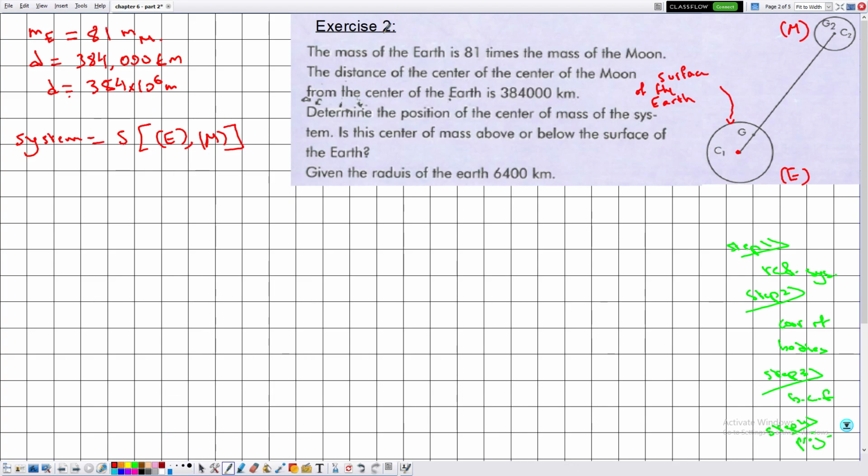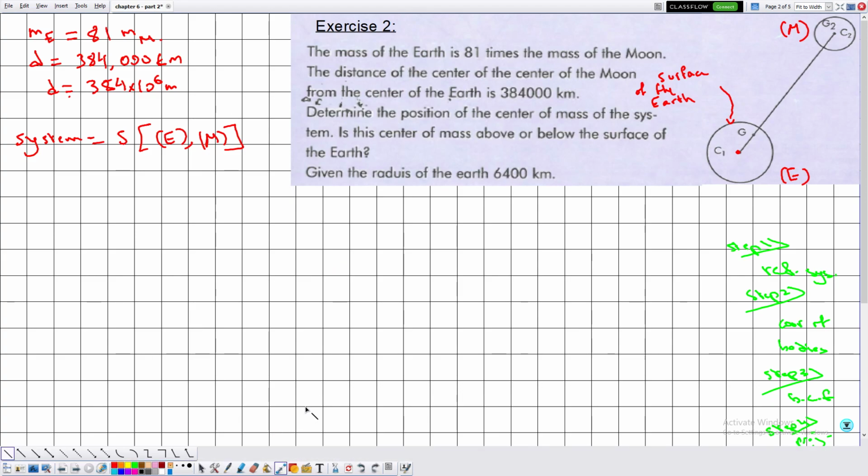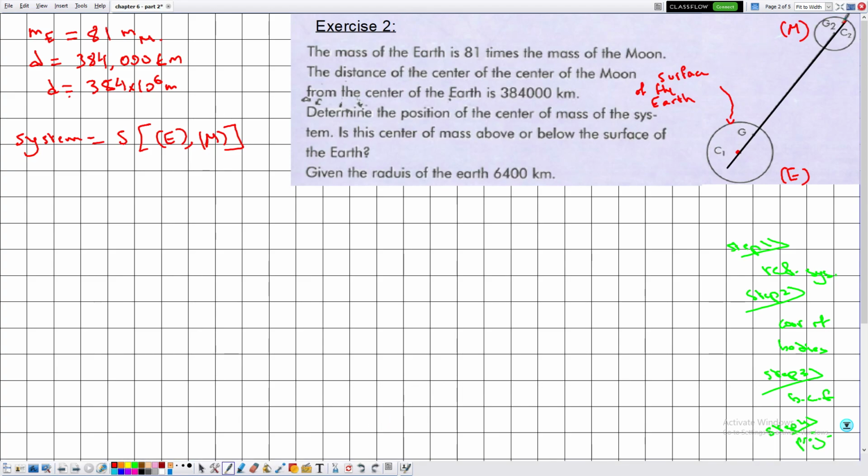So here we need to choose a convenient reference system. We can choose it in infinite number of ways. The simplest one is to consider the x-axis as the line that joins the two center of masses. So this is the x-axis.